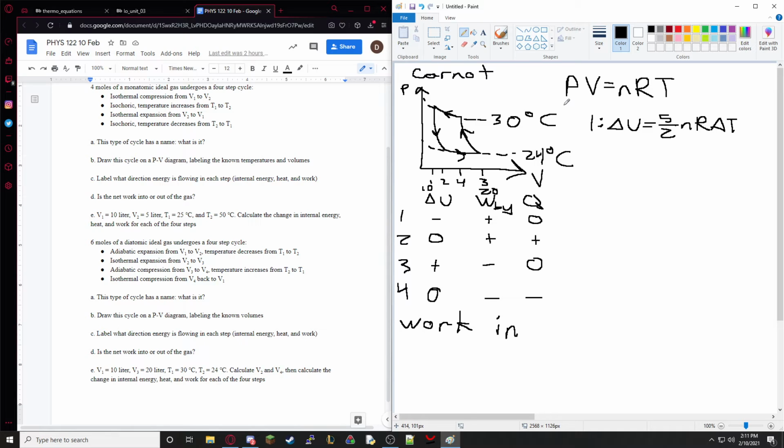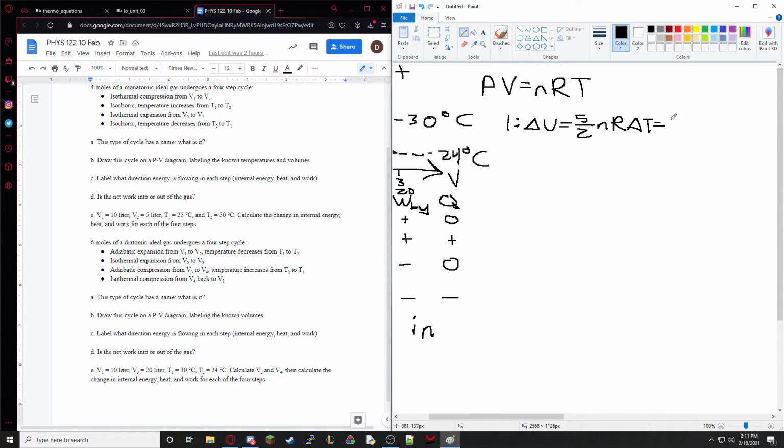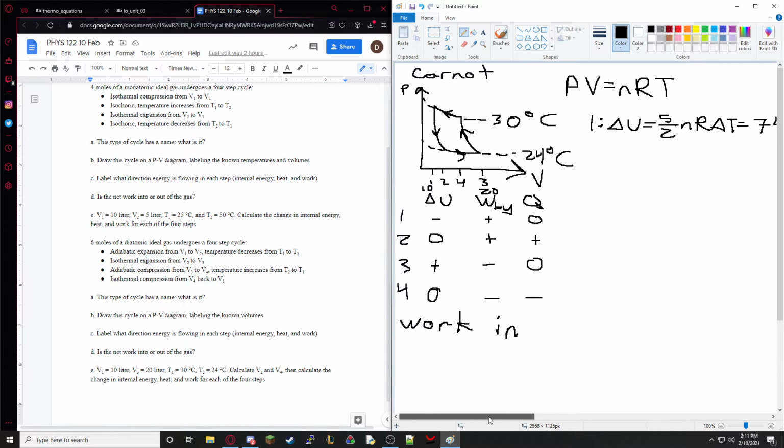Did you get 748? Yep, 748. 747.9, but 748 joules. I see. I put in 5 for the change in temperature. Ah, okay, that would make sense. It's weird, it's a small percentage of the change. I wonder what you plugged in wrong.